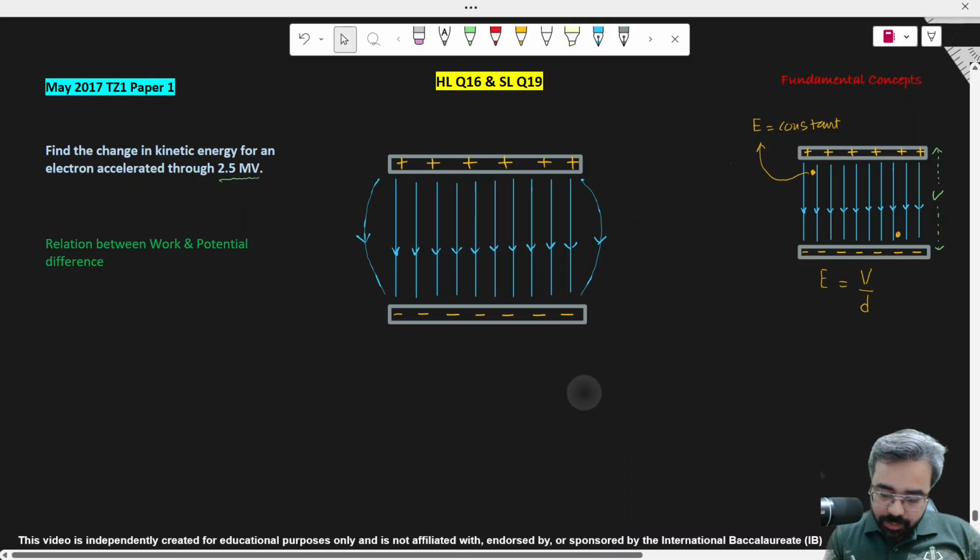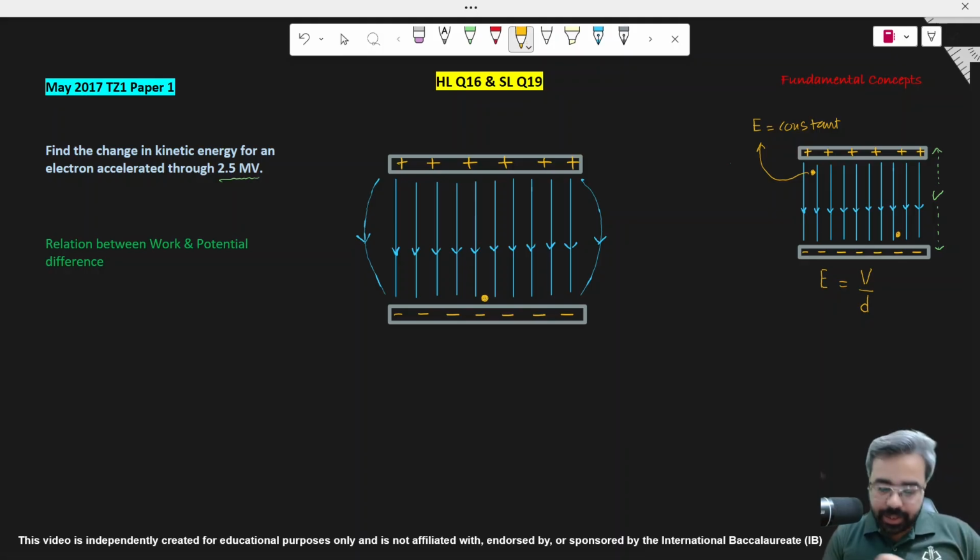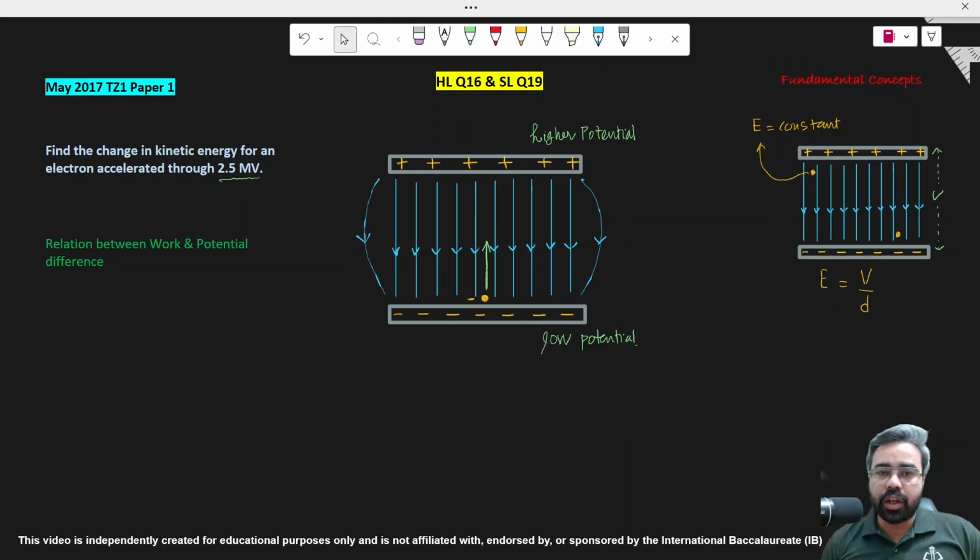Now coming back to the question, let's say this is an electron that is just released from that point. Obviously it will be accelerated because of the opposite charge plate, so it will accelerate towards the higher potential. When it accelerates, what kinetic energy will it gain in order to cover this distance from the negative plate to the positive plate?